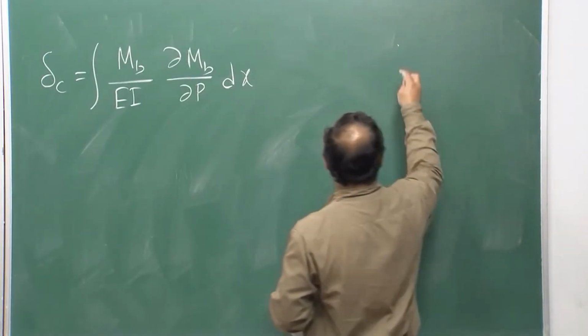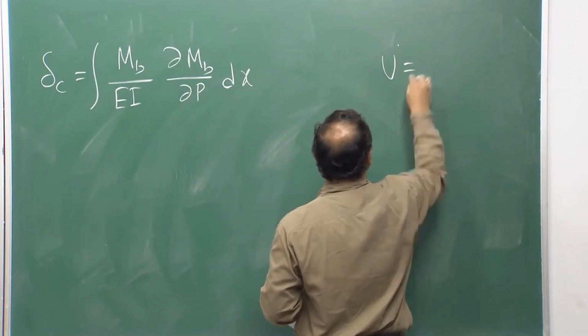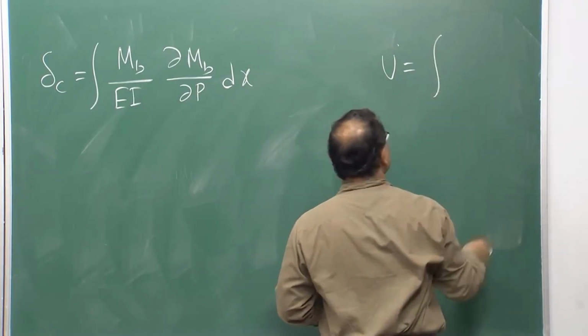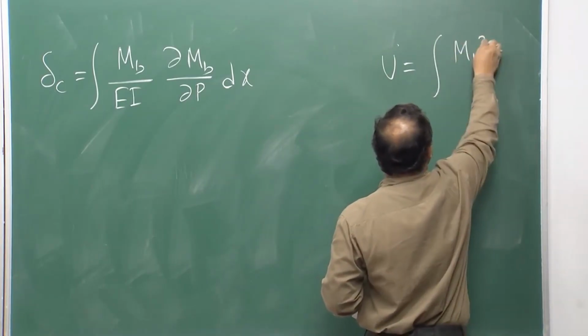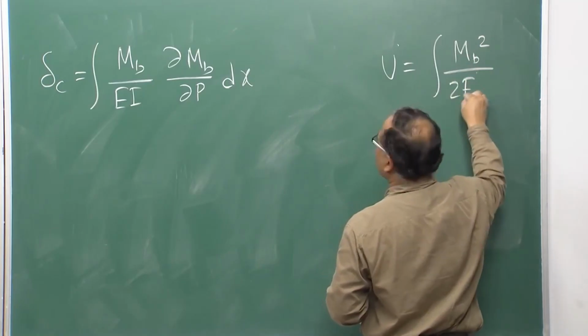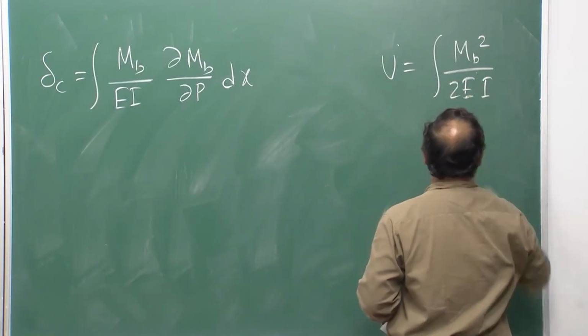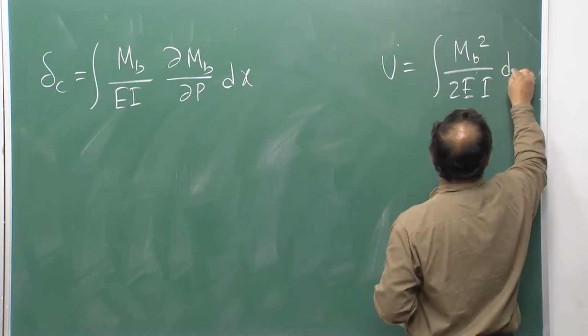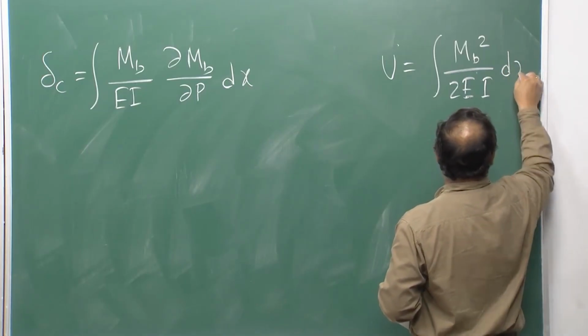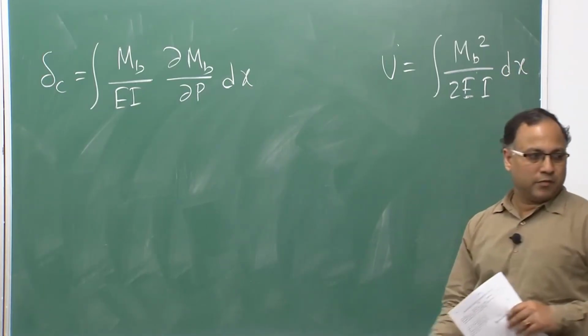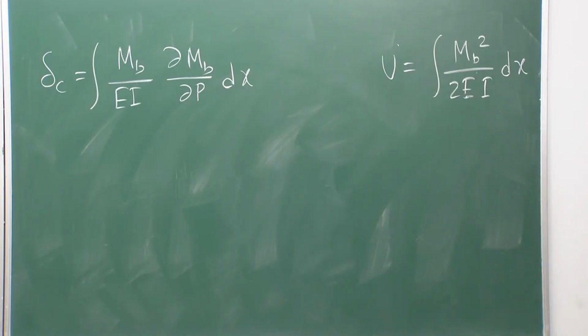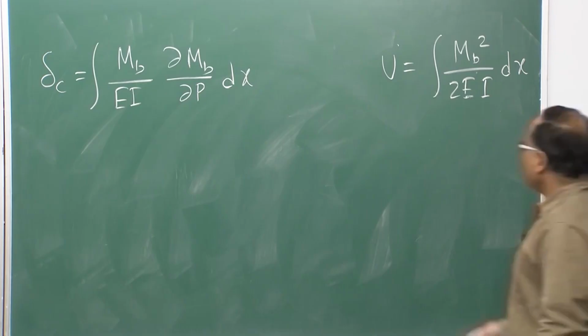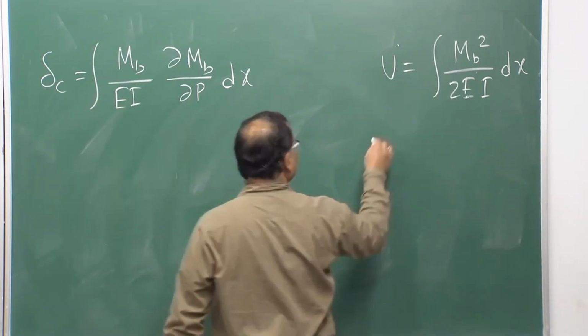Because I know your U is equal to M B square by twice E I into dx. If you recall, M B square by twice E I into dx was your strain energy expression for bending moment. Now, to find out delta C, what do you have to do?